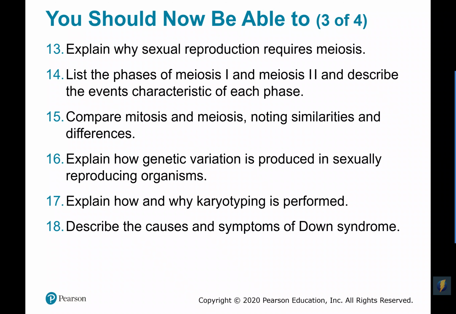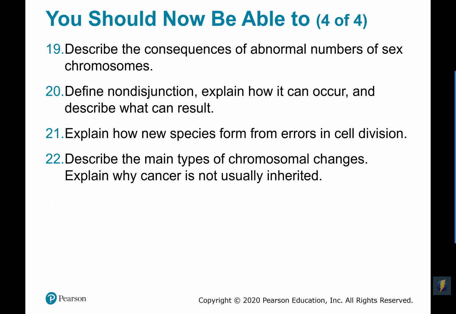Genetic variation in terms of independent random assortment and also chiasmata, the crossing over. Karyotyping, how we do it, why we do it. A little bit there about Down syndrome. Abnormal sex chromosomes.